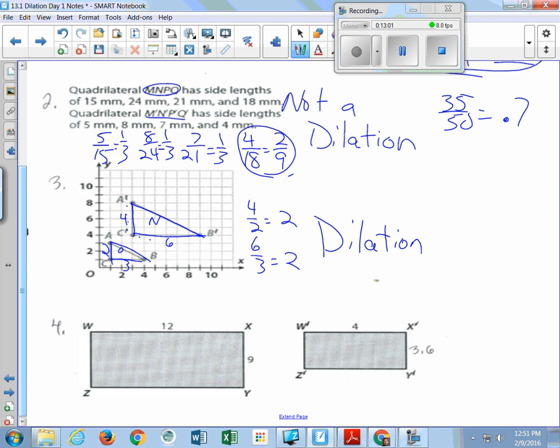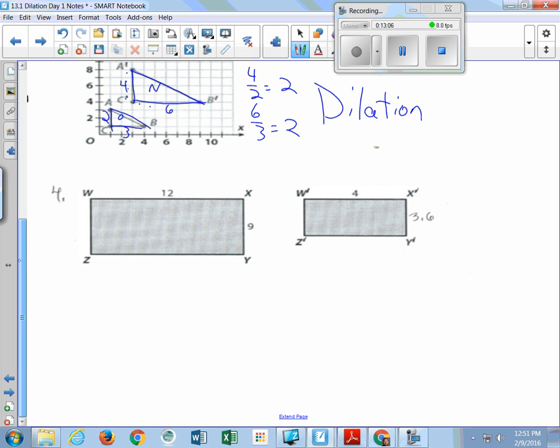All right, 4. Spin this a little bit. All right, so we have our old, our new. We're going to do new over old. 4 over 12, 3.6 over 9. And being that these are rectangles, two sides are the same. So that would be 12, and this is 9. There's no need to do 4 times. We just do 1 of each.